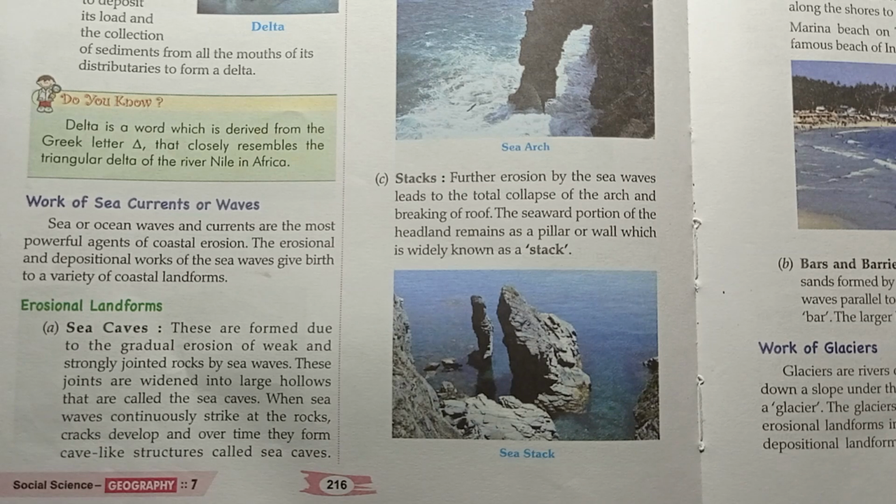The regular strong waves dash the weak rock in the same place every time, then automatically one day the rock would have some cracks. Then the sea waves continuously strike at the rocks. Then what will happen? The cracks will develop and over the period of time they would form cave-like structures. These are called our sea caves.